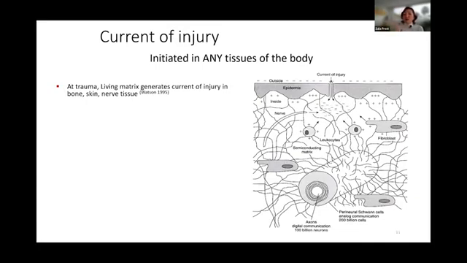And this negative current starts attracting positively charged cells. So in this case, look at this, leukocytes, various cells of the immune system, fibroblasts, cells to repair the damage, all sorts of things. So they are physically attracted and they physically crawl to the site of injury.